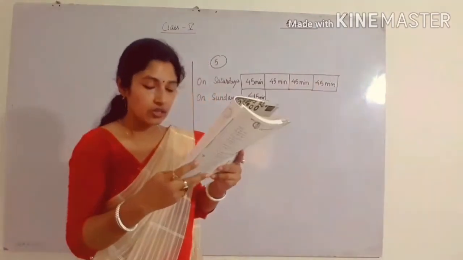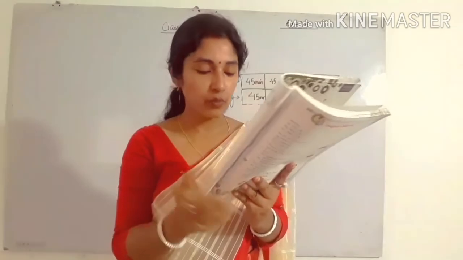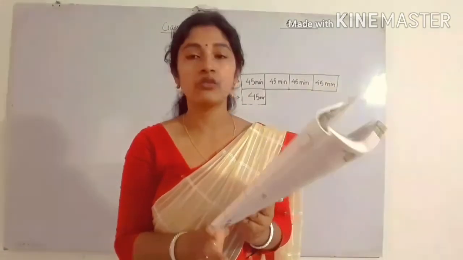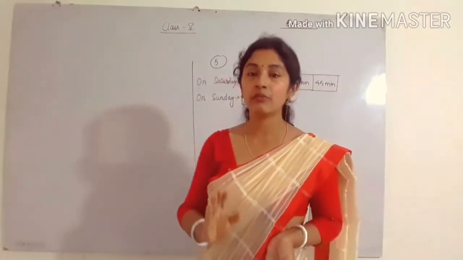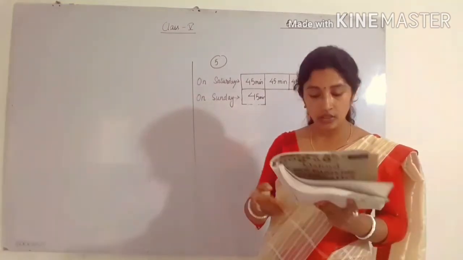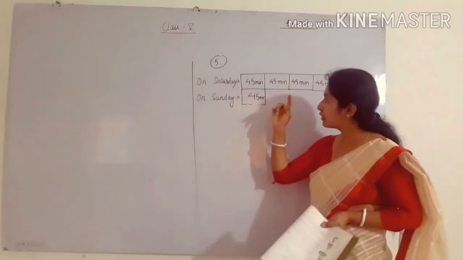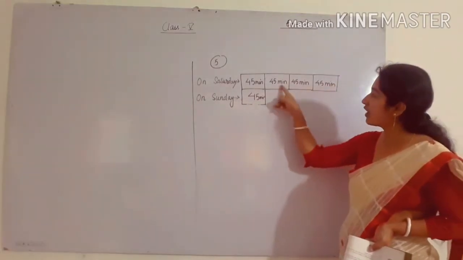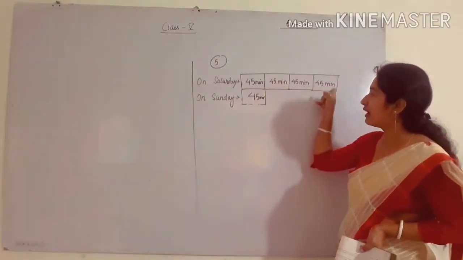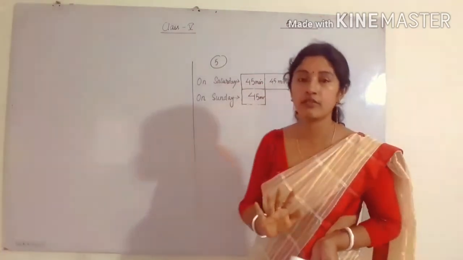So what is the question? How much time does she spend on homework on both days together? Both days together means you have to calculate the total time she is giving to her studies. So what can we do? We can add 45. How many times? Here there are a total of 5 45s.